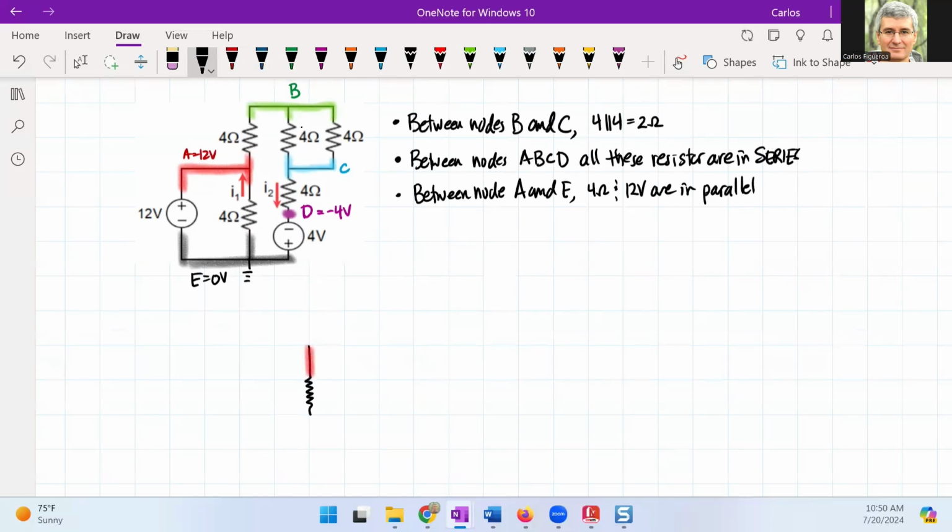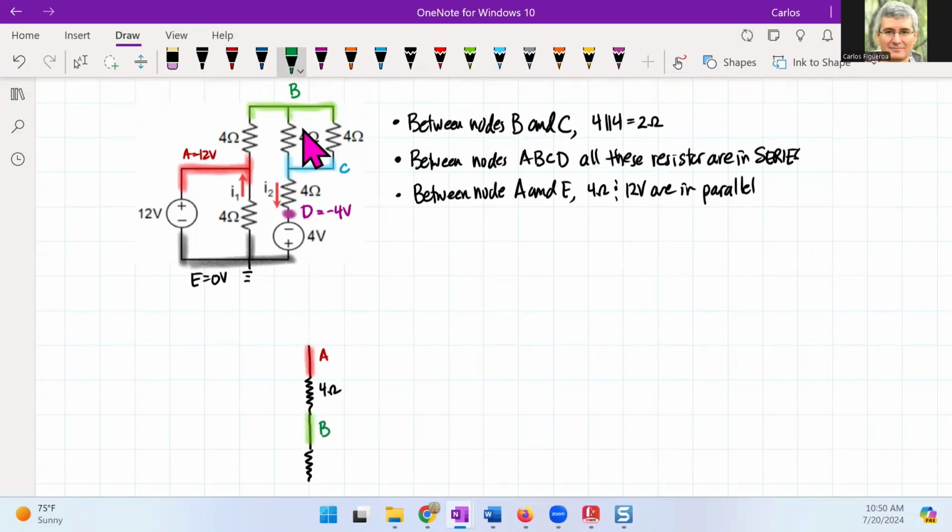Now I have two resistors in parallel, and then I'm going to put that right here. So this is the 4 ohm, and this is A, and then the next node is B. There's B.